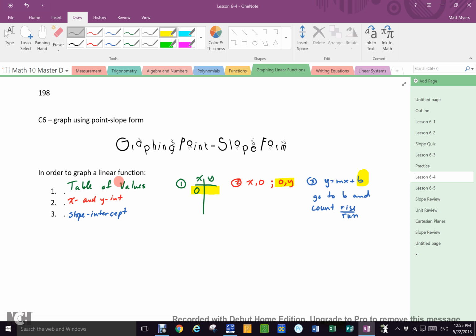Look at the name of today's lesson. Point, slope, form. Does it say anything about intercepts? Point, slope. This method will allow us to use any point to graph. And this is what it looks like.